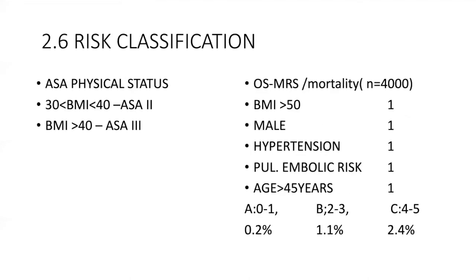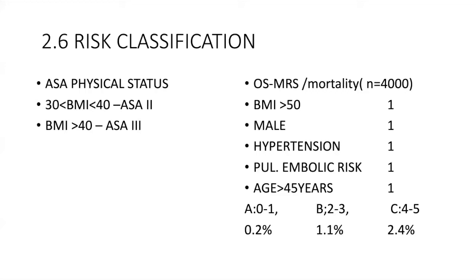Overall risk classification: the ASA classification is the generalized classification, and between BMI 30 and 40 it automatically falls in ASA 2, and more than 40 is a 3, so it has a corresponding death rate.